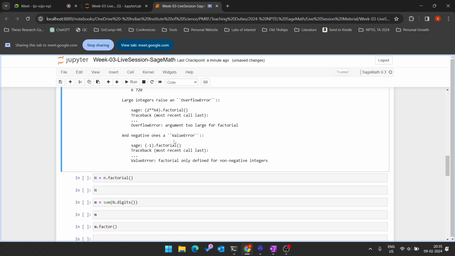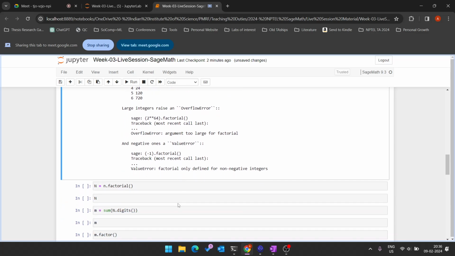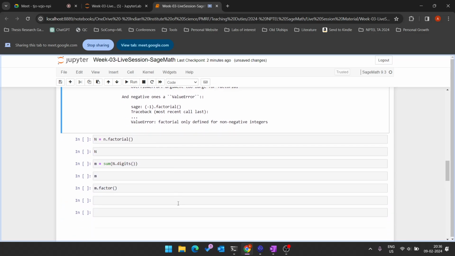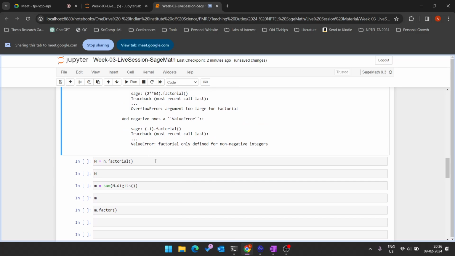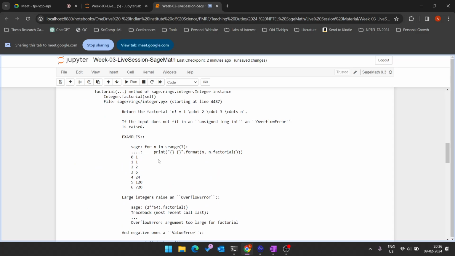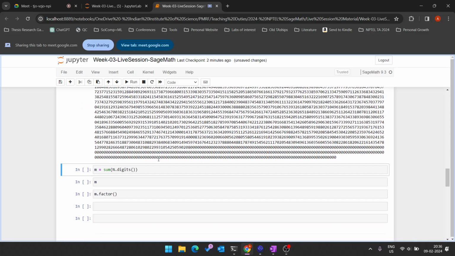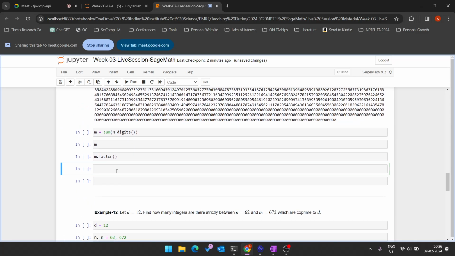And it has an overflow error as well as value error if the number becomes too large, or if we are trying to obtain the factorial of a negative integer. So I write capital N to be n dot factorial, which is 1275 factorial. If I now print it, you see a very large number of digits here.